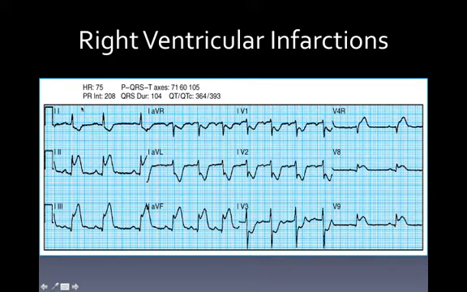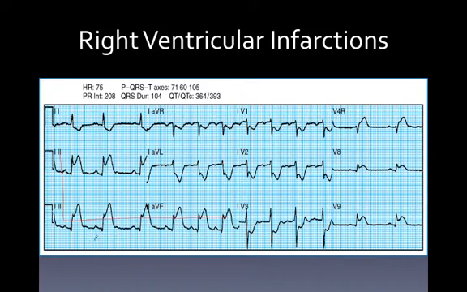Right ventricular infarctions. The criteria that we're going to learn on the next slide, and I want you all to see it, so I put this up here. Let's just nice and simply state this. If they have any inferior wall presentation, it probably would not hurt you to look right, and I'm going to explain why in about 2 slides.